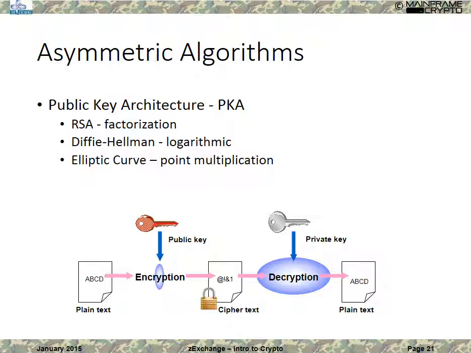It's very difficult, given that product, to reverse the process and come up with those original two numbers that were multiplied together. Diffie-Hellman relies on logarithms. It's very easy to calculate e to the xy power, but given e to the x or e to the y, you can't reverse the process and come up with the other x or y value. And then elliptic curve relies on point multiplication.